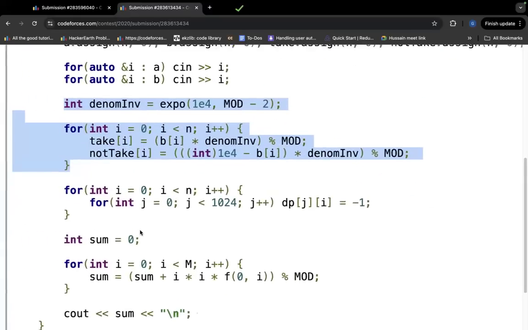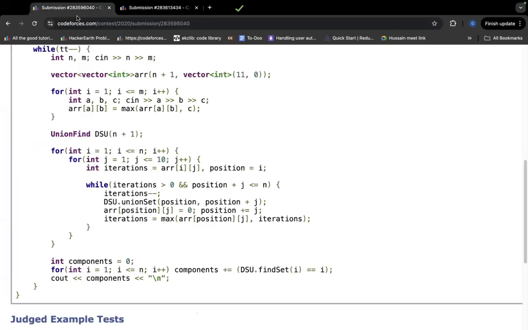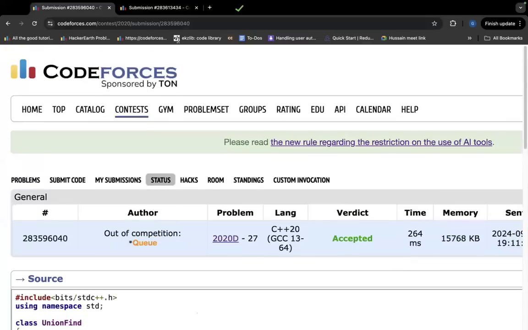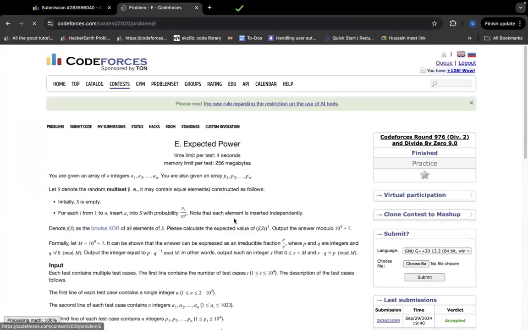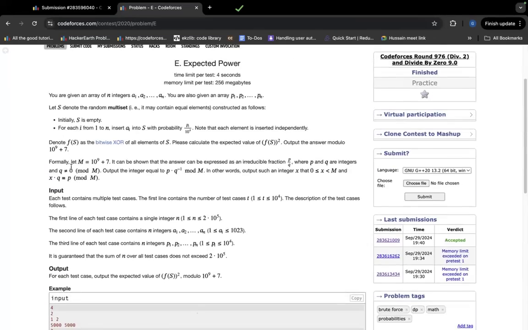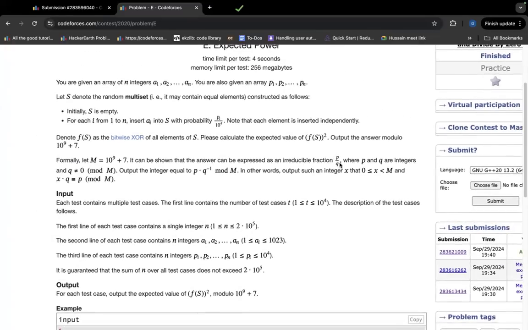So guys, we can't store it as a double, let me show you all. I think this is the part which was not clear to the majority of people. It is given here that if we want to show P divided by Q under modulo mod, we can't just store it as a double and then take the mod.